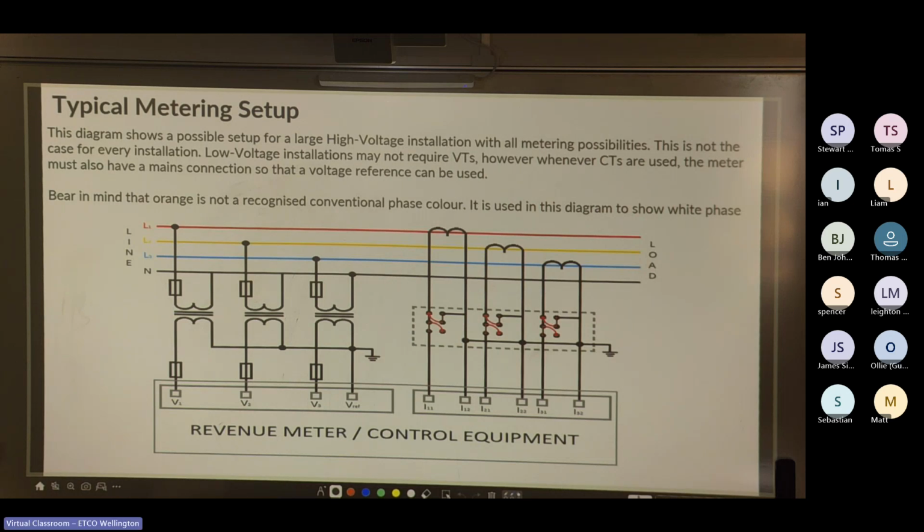If there was no neutral conductor, you would simply connect all 3 tails, the secondary sides of the primary coils, primary windings, together to create a star transformer setup. And then you've got all 3 of the other side connected to V1, V2, V3, V reference, and an earth point. So that's basically an earth neutral point or a ground reference point.